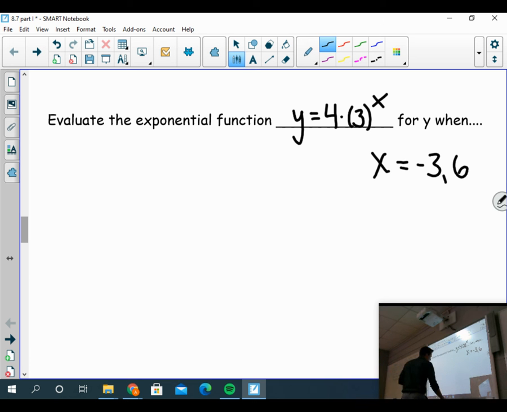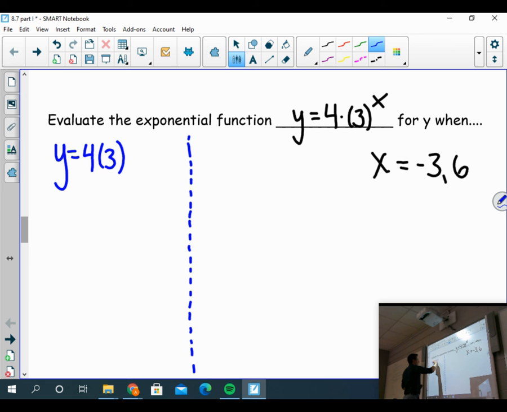Well, evaluating isn't too complicated. You simply are going to plug in for x the various values you are given. So I'm going to plug in -3 for x. And in the past, you wouldn't have known what to do with this negative exponent. But because of your knowledge from 8.1 through 8.5, you know how to work with negative exponents.